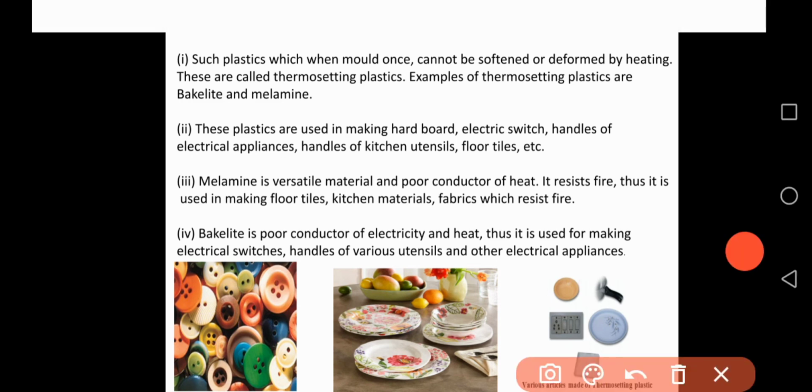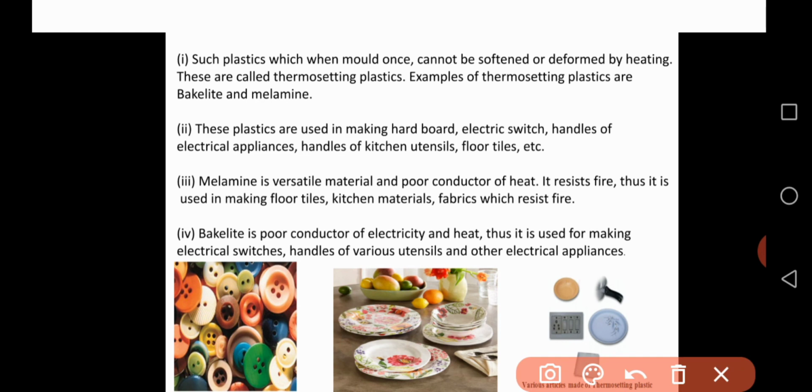Thermosetting plastic means such plastics which can be molded only once, and they cannot be softened or deformed by heating. In the case of thermoplastic, on heating we can soften it or turn it into different shapes.